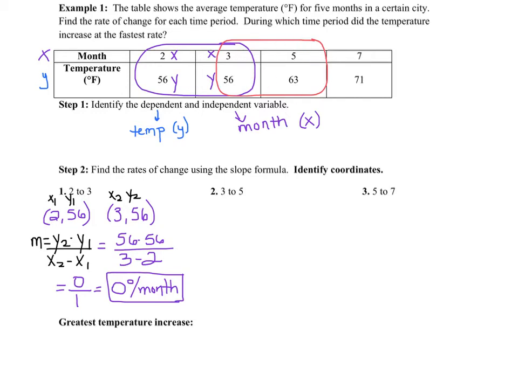We write our coordinates down: 3 and 56, and then 5 and 63. Then you're going to use your slope formula and label your coordinates x1, y1, x2, y2.